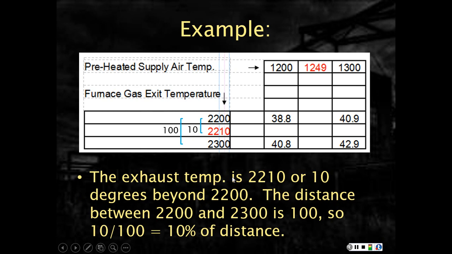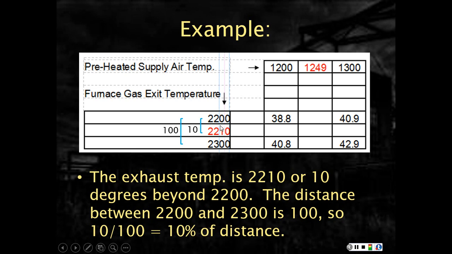So step one, if I look at the distance my exhaust temperature is, the total difference between things on the chart are exactly 100. And in my case, I'm at 2210 from the 2200.